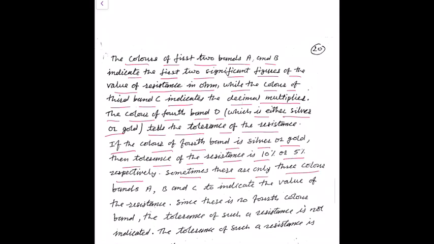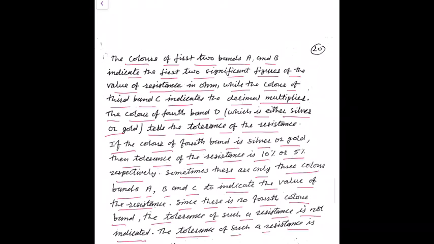Sometimes there are only three color bands A, B and C to indicate the value of resistance. Since there is no fourth color band, the tolerance of such a resistance is not indicated.